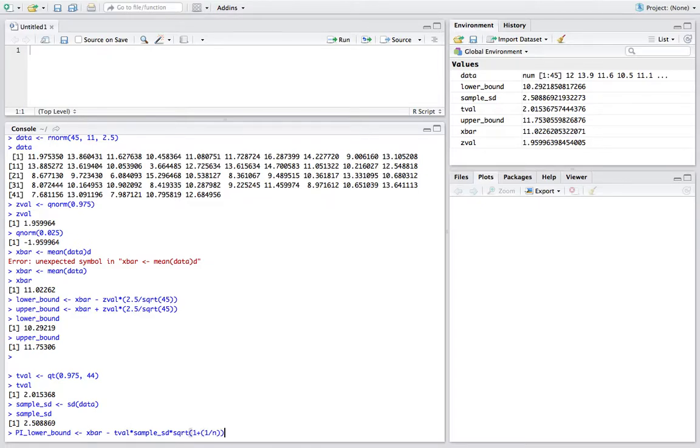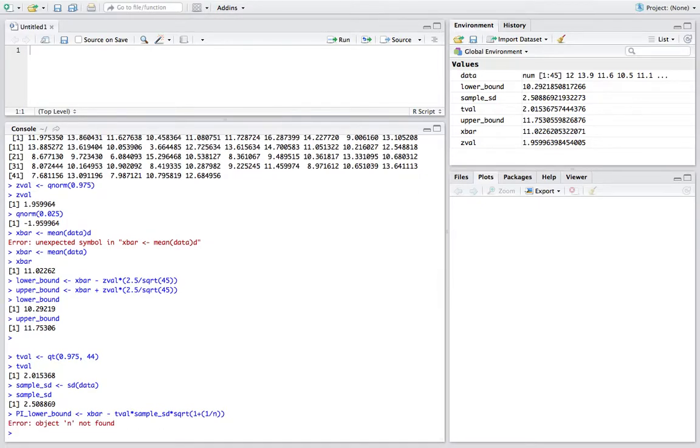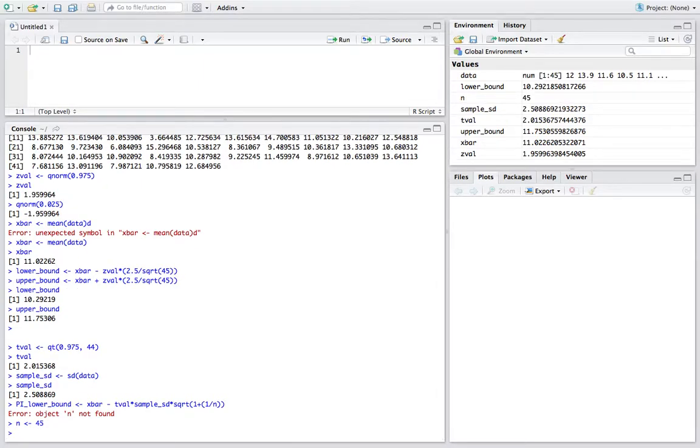A lot of parentheses, but I guess we didn't define n, so we'll do that now. You can define all your variables, or you can input them as hard-coded numbers. I find that defining them in this way allows you to make easy calculations, especially if you're running R from a script. It's easier just to change one variable n that's used throughout the formulas than to go back and change every number hard-coded into your script.